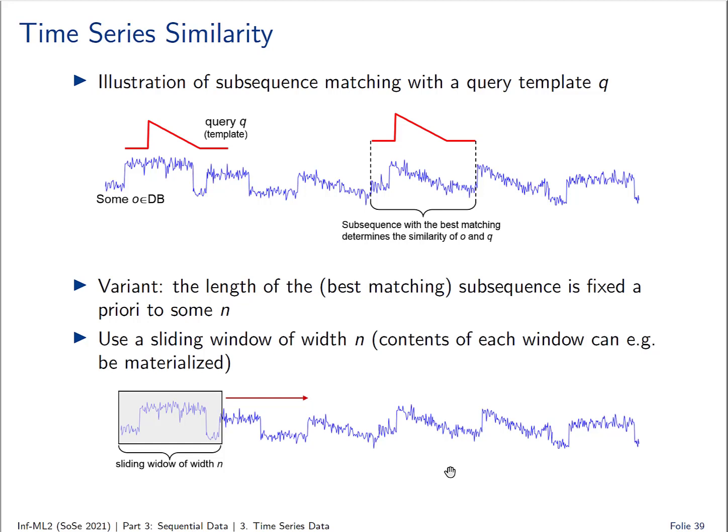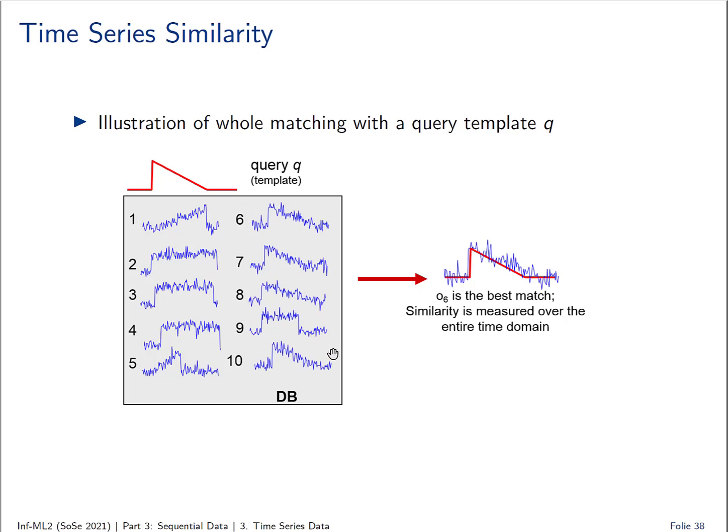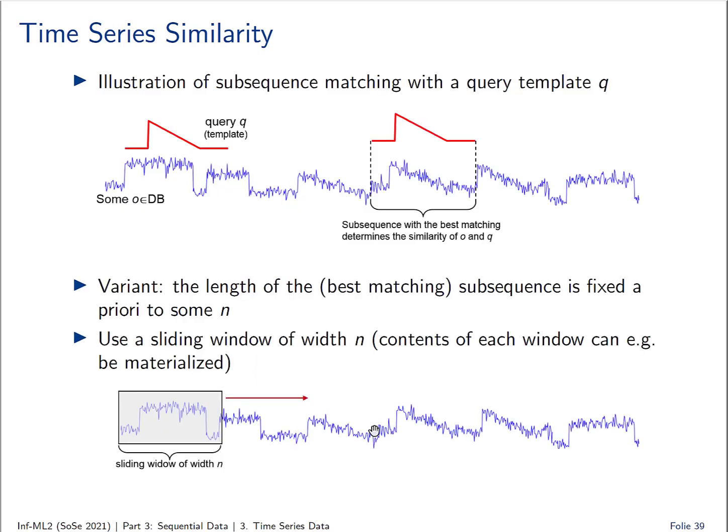And of course a lot of redundancy also. So it's not a one-to-one matching, and you blow up your database with this kind of scenario. But that can help you, because then you are again in the whole matching scenario, if you do that with this sliding window.